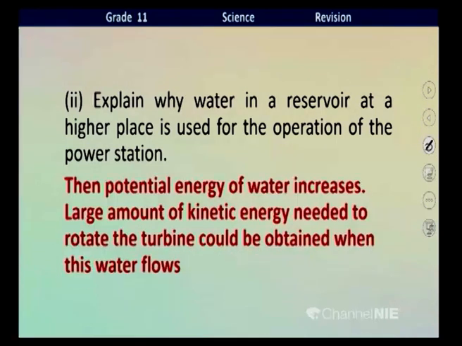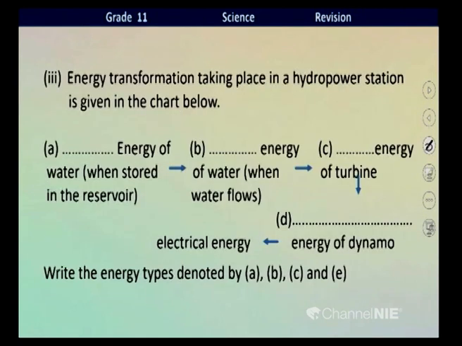Because when water is stored at a higher place, high potential energy, this high potential energy converts into a higher kinetic energy when it flows. Then high kinetic energy can be used to rotate turbines effectively, efficiently.